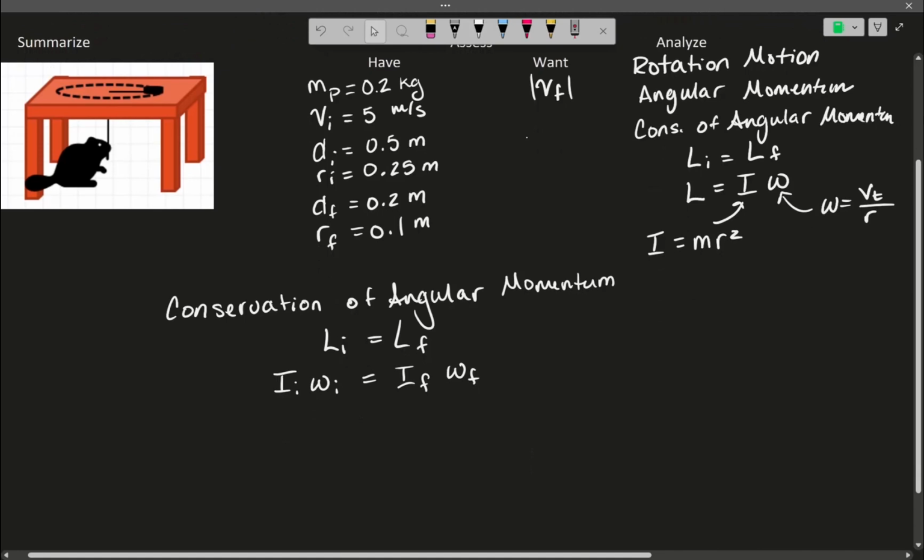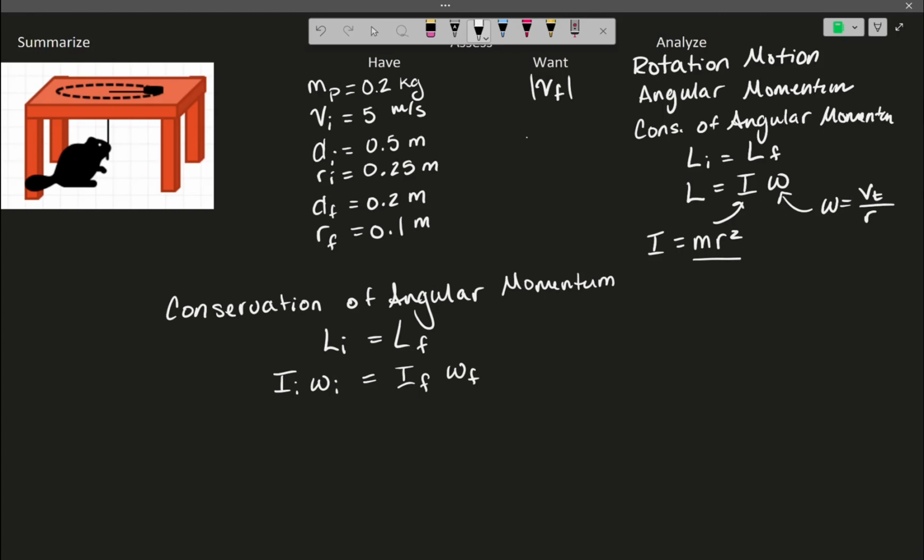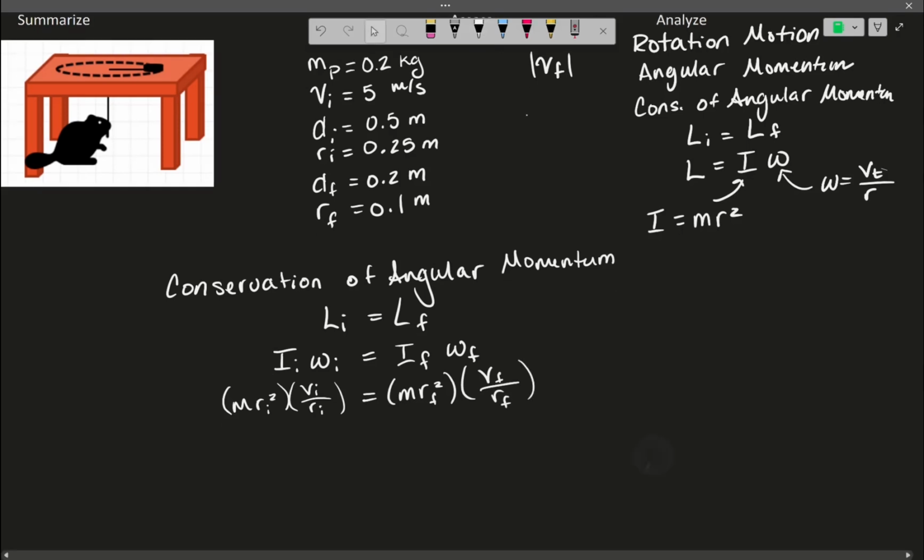The next thing I'm going to do is replace my I with m r squared, and replace omega with tangential velocity over r. So I will have m r initial squared times velocity initial over r initial, and this will be equal to m r final squared times velocity final divided by my final radius.